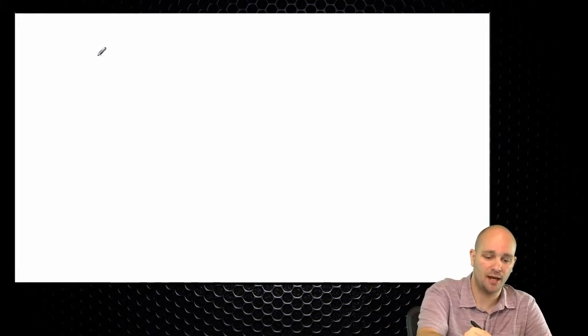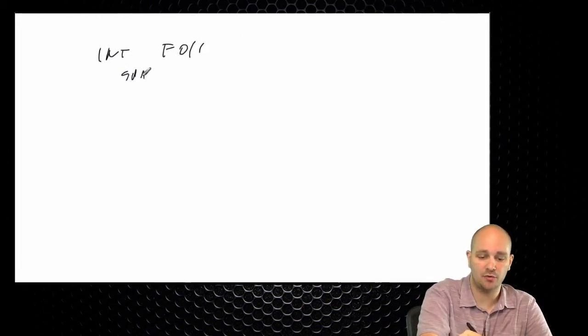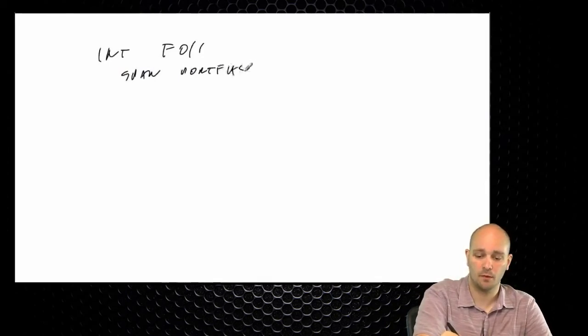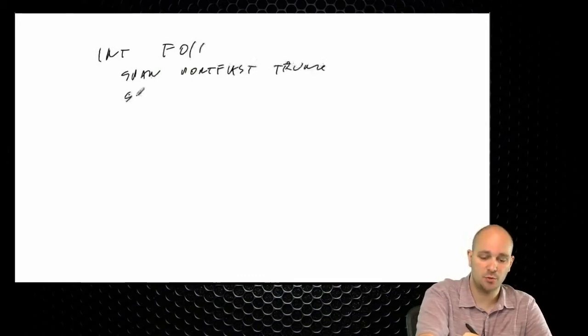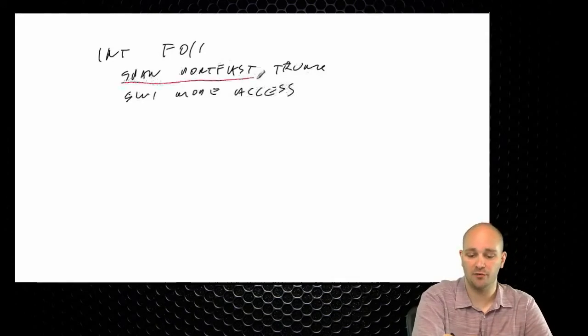a port that was configured for Portfast. So you had interface FastEthernet 0/1 and you had spanning-tree portfast trunk configured. And you say here switchport mode access. Now, this port will be Portfast because you configured spanning-tree portfast.